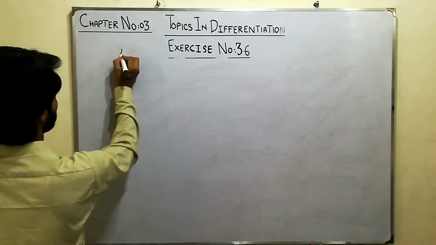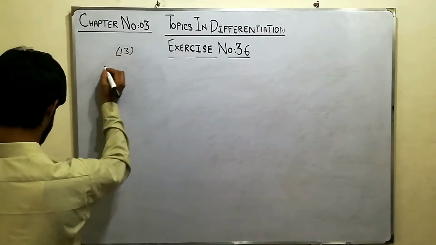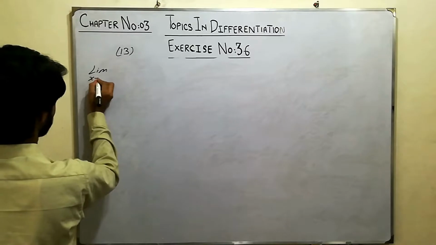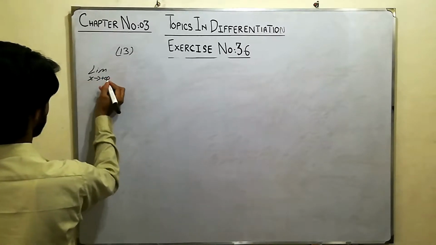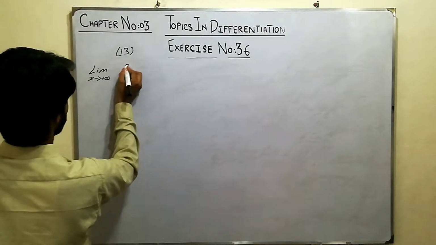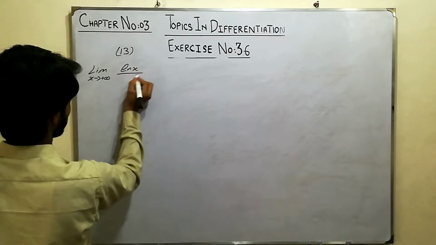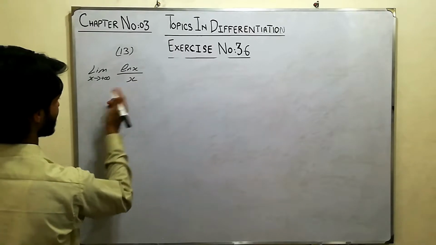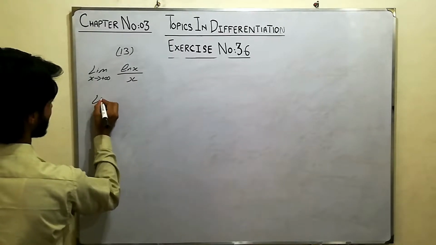Question number 13: limit as x approaches plus infinity of ln x divided by x. If we put the limit, we have the form infinity by infinity. Now take the separate derivative.